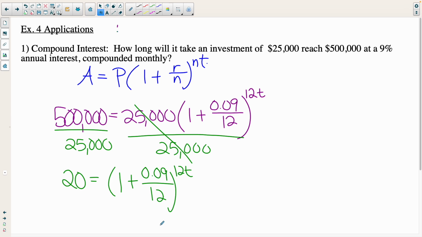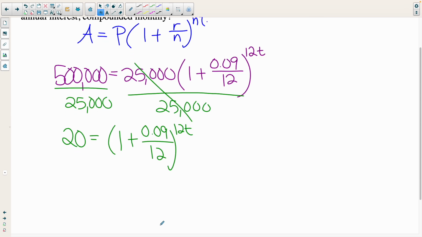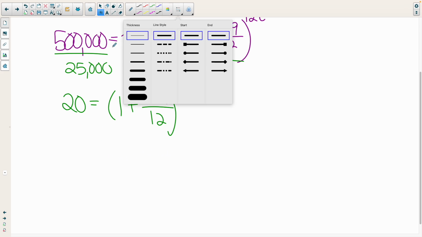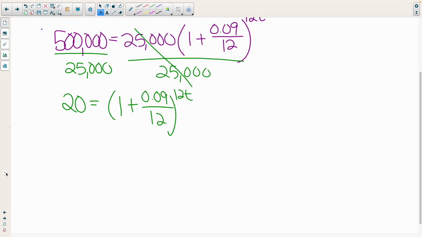Got the base isolated, so now we want to take the log of both sides. Remember, we don't want to do anything necessarily with the parentheses. We'll save that till the end when we're finding our exact amount. Approximate amount.